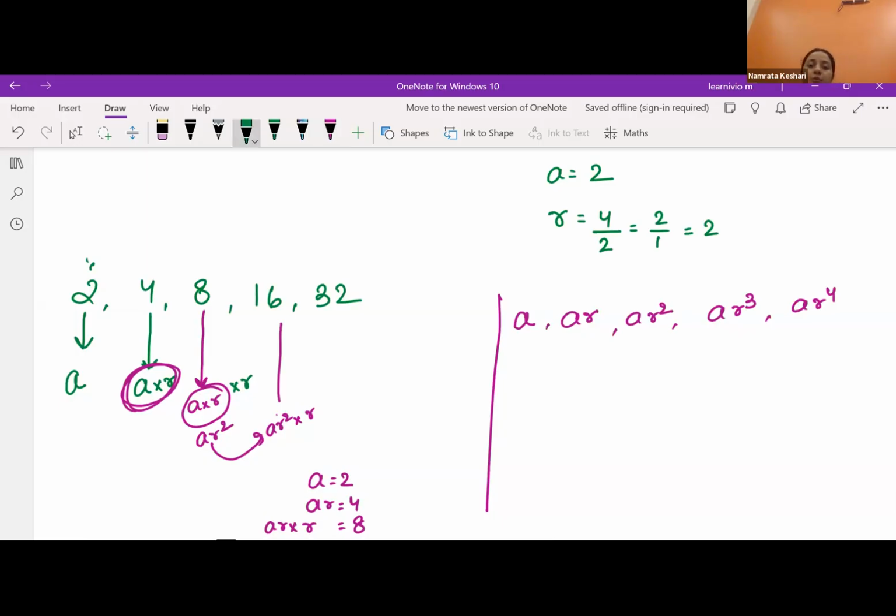Let me help you recall the previous concept in AP, how you identified that the first term is a, next term is a plus d, next term is a plus 2d, next term is a plus 3d, next term is a plus 4d.